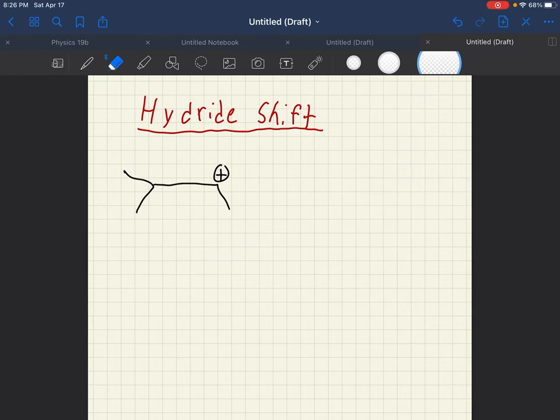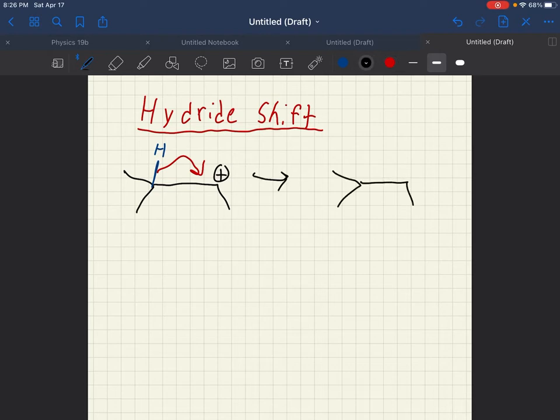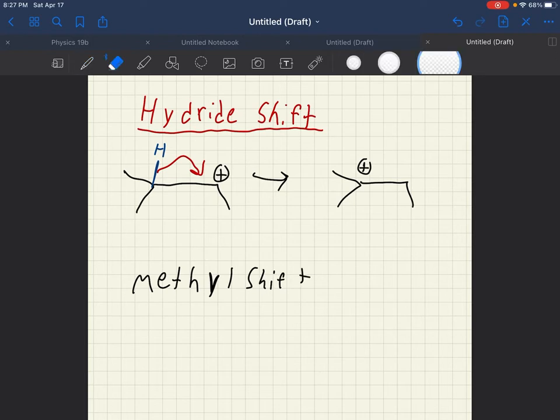So what's going to happen here is I'm going to draw in the hydrogen right here, and this hydrogen is going to come over and attack, and that's going to give us this product right here, which is more stable than our original product. Now, methyl shifts follow the same mechanism, except instead of shifting a hydrogen over, we're going to shift a methyl over.